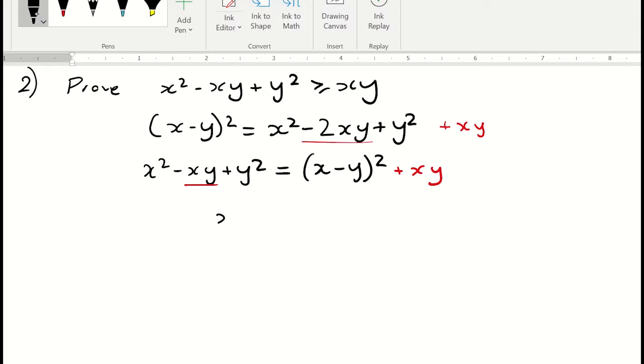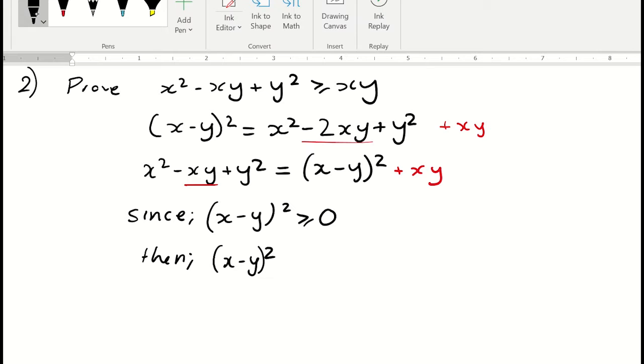Okay. Now, what do I know? I know that x minus y all squared is bigger than or equal to 0. So then I can say x minus y all squared plus xy is bigger than or equal to 0 plus xy.